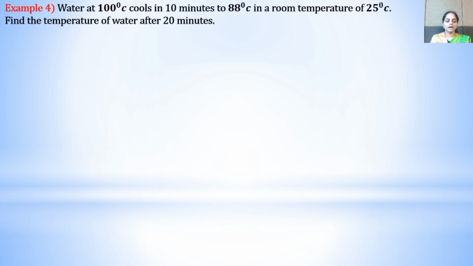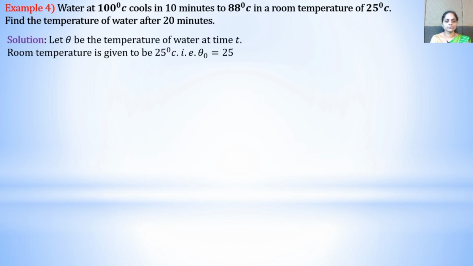Water at 100 degrees Celsius cools in 10 minutes to 88 degrees Celsius in a room temperature of 25 degrees Celsius. Find the temperature of the water after 20 minutes. Let's start the solution. Let theta be the temperature of the water at time t. Room temperature is given to be 25 degrees Celsius, that is theta naught is equal to 25.